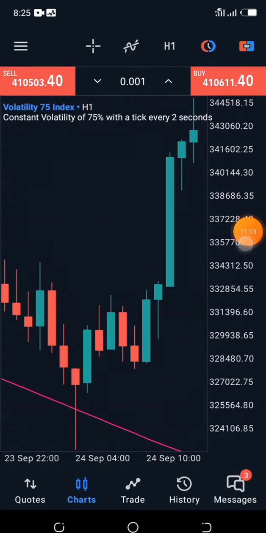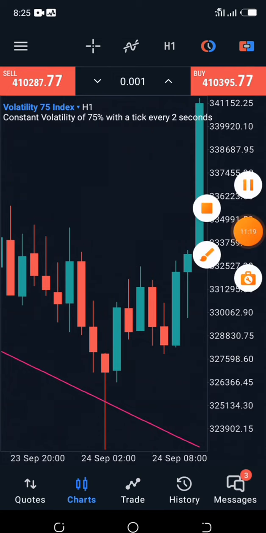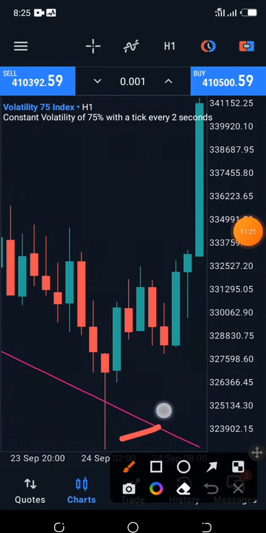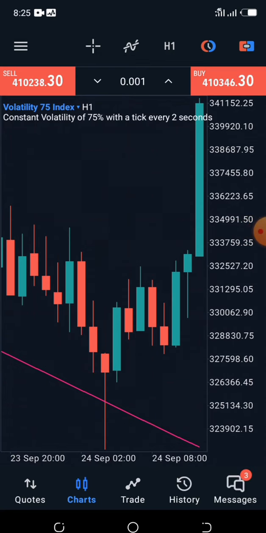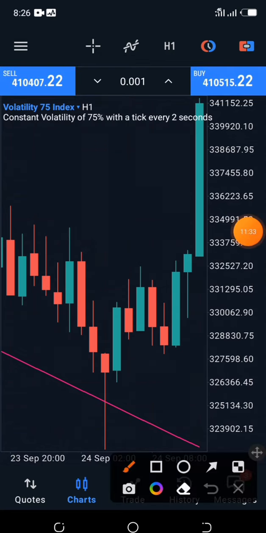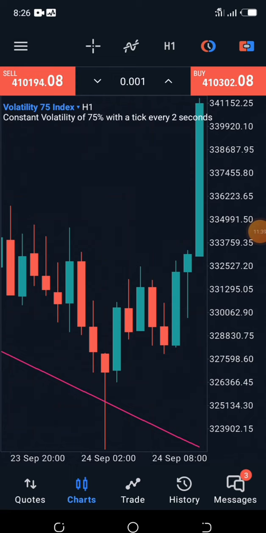And where is the bullish force happening? On the indicator, on the zone that is very, very key to the market movement. Do you understand that? If you understand candlestick pattern formation, you will realize that this one here is a very strong indication that the market is going to go up.